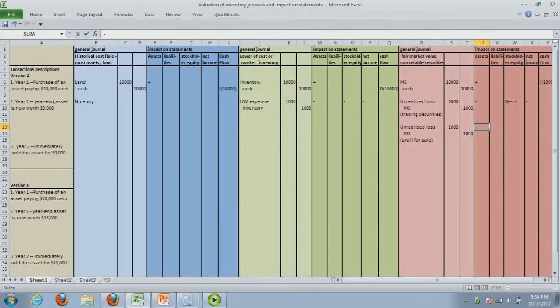So once again, we see the asset value going down. This time, though, we have a different situation under stockholders' equity. The unrealized loss will not affect the income statement. So we're actually not going to put anything here, and therefore it's not affecting the retained earnings statement. But we actually have a new category. Remember, accounting is an art, and they can make up anything they want.